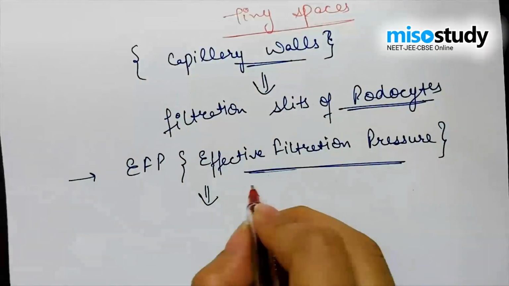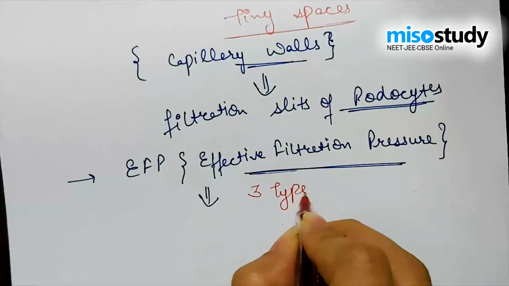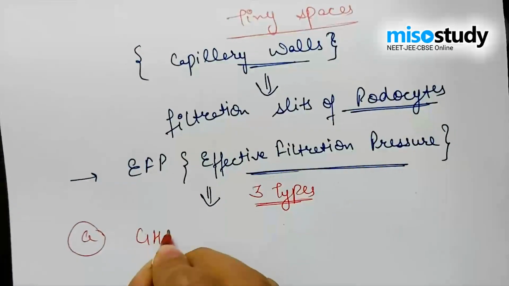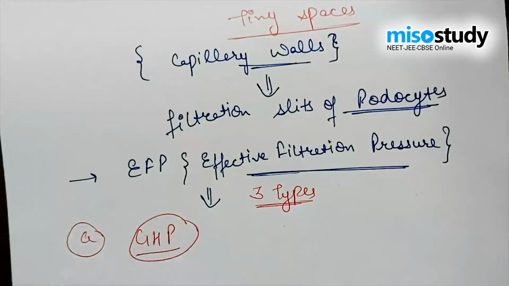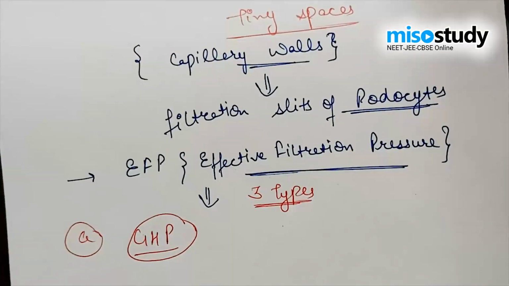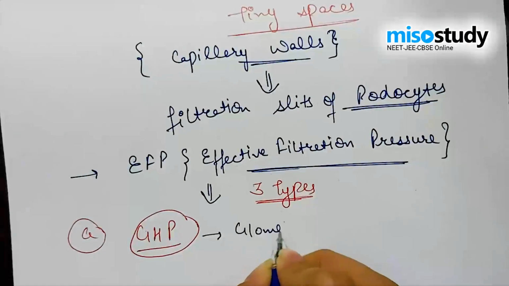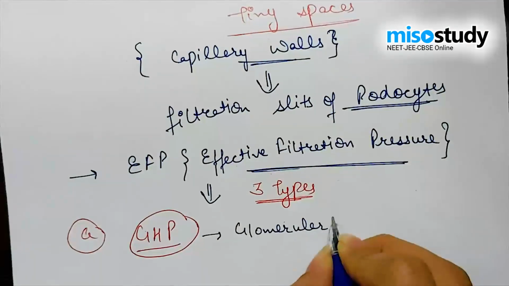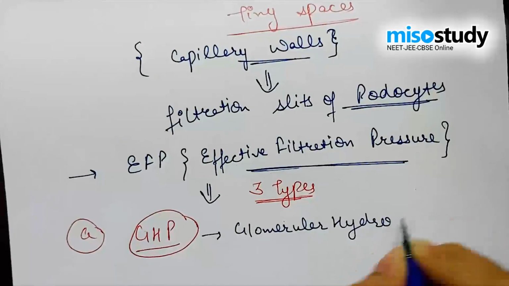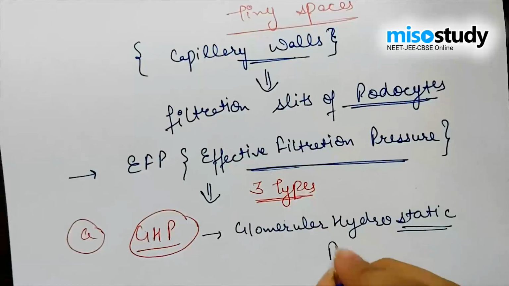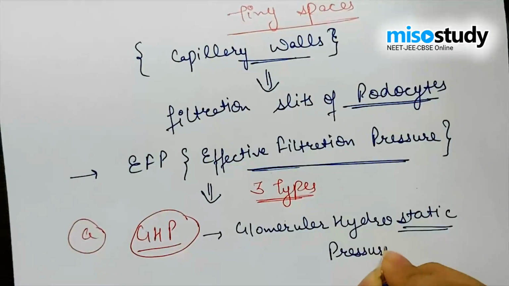The first one is GHP, the glomerular hydrostatic pressure.